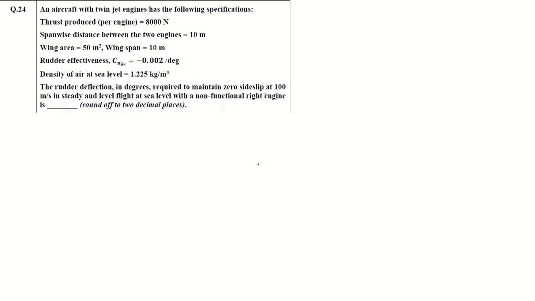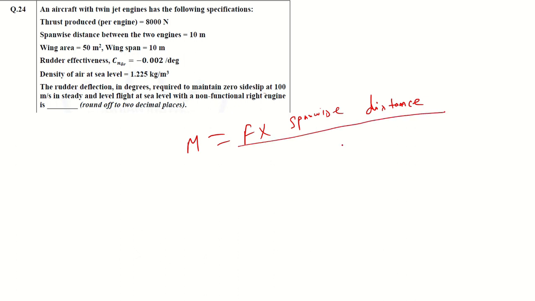So, the yawing moment of the aircraft, M is equal to F into the span-wise distance divided by 2.